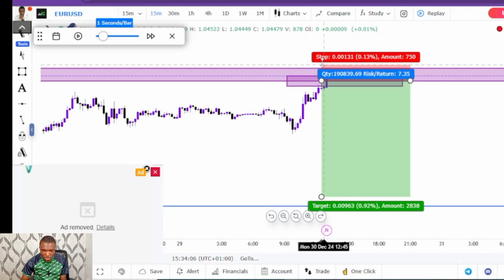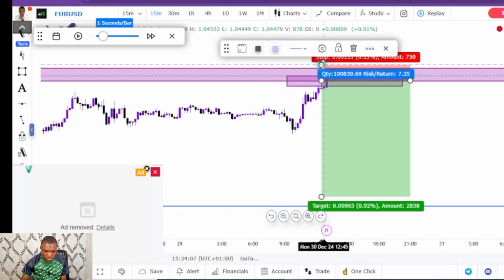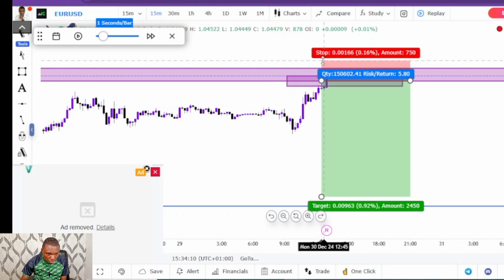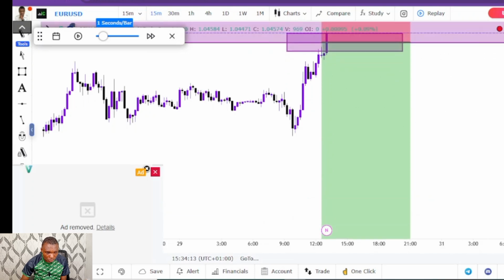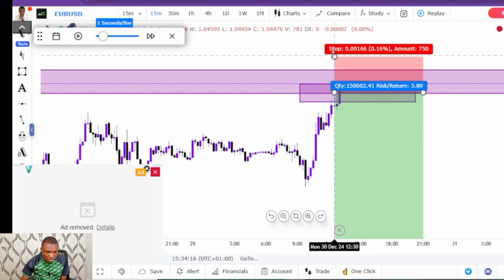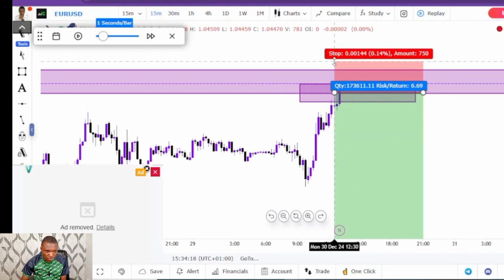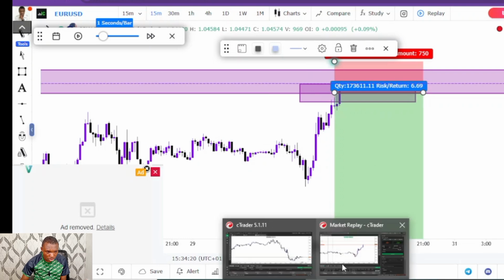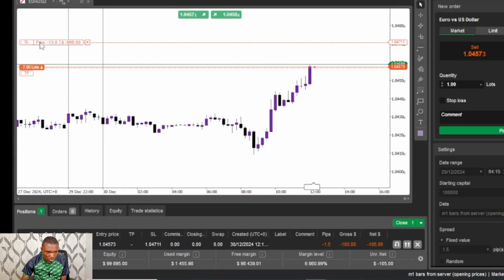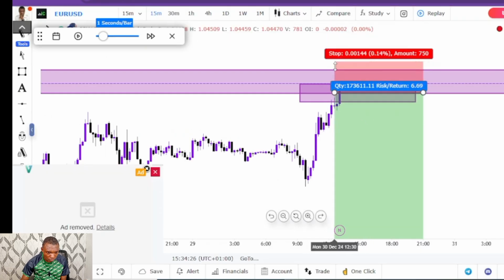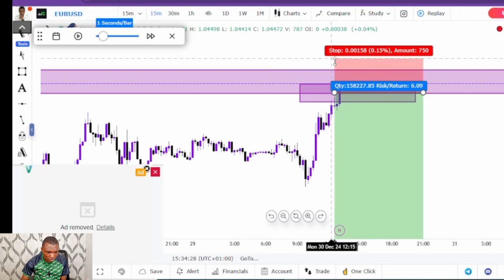So now that you have gone in with 7 lots, the stop loss is 12, 13 pips away. Our stop loss is about 14 pips away, 13.8 pips away.